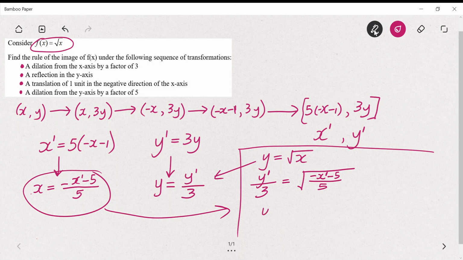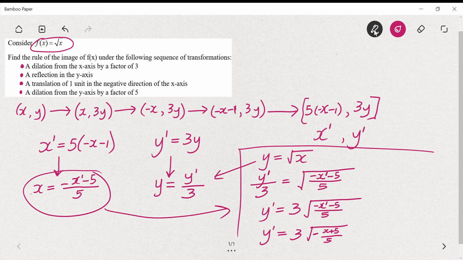So y prime is equal to 3 times the square root of minus x prime minus 5 all over 5. Now, if you want, you can get the minus out of this top line and just put it out the front. y prime equals 3 root of minus of x plus 5 all over 5.